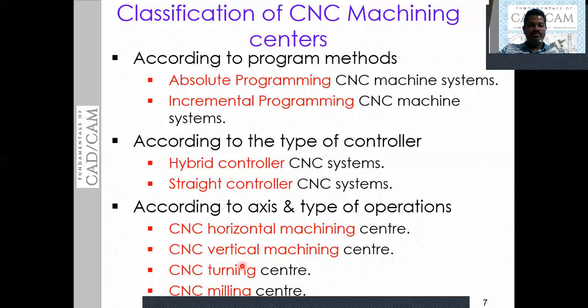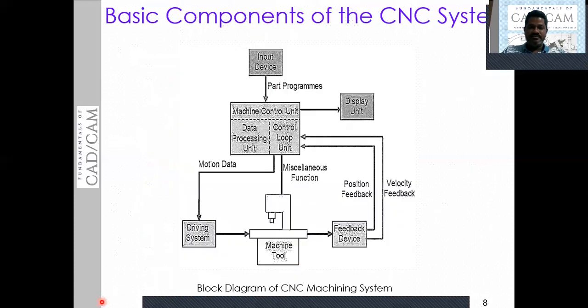Suppose you are doing only milling operations in that CNC machine, you can call that a CNC milling center. So according to the axis and according to the type, you can classify CNC machining centers. According to the axis, you can classify as horizontal or vertical, and according to the type of operations, you can classify as turning and milling centers, or drilling centers also.